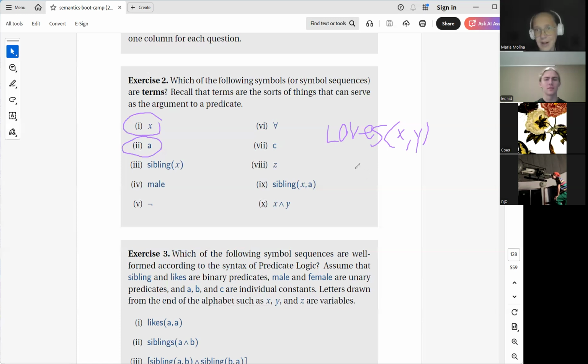Yeah, we can put it over here and then it would be Alex loves someone, right? Well, not someone, but why? Okay, can sibling X serve as the argument to a predicate?